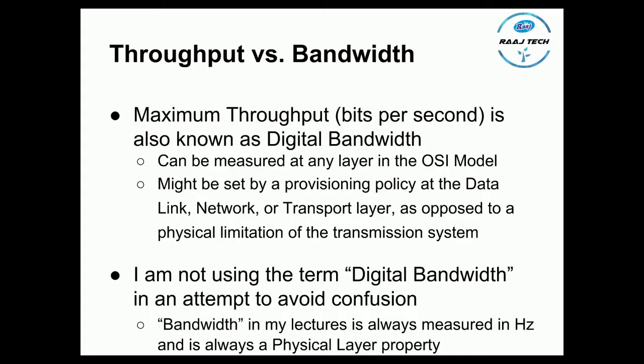In order to avoid confusion, though, I'm not going to use the term digital bandwidth. I'm instead going to say maximum throughput. And in my lectures, the word bandwidth is always referring to a physical layer property, and it is always a unit that is expressed in hertz. I am using the analog signal processing definition of bandwidth.